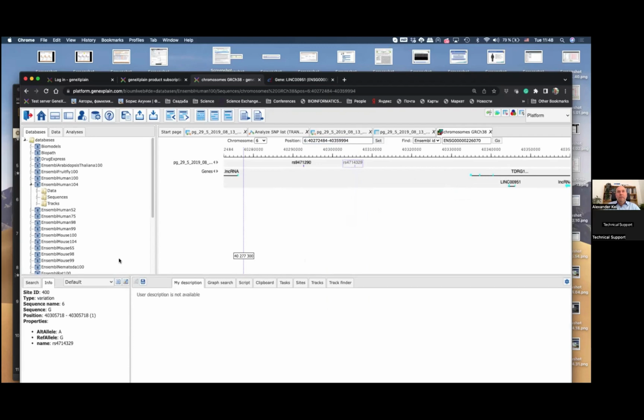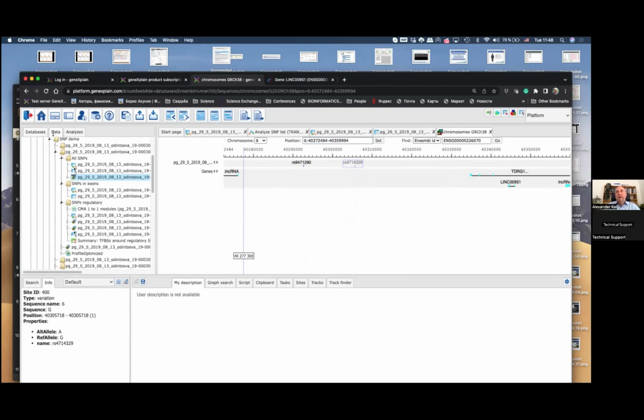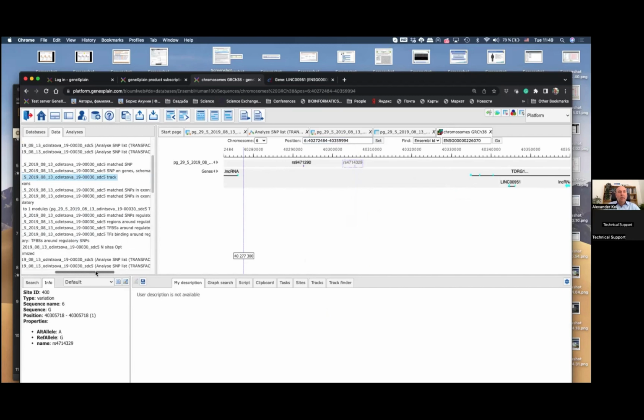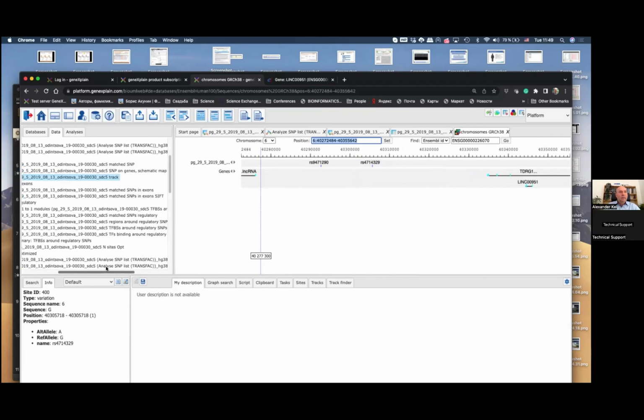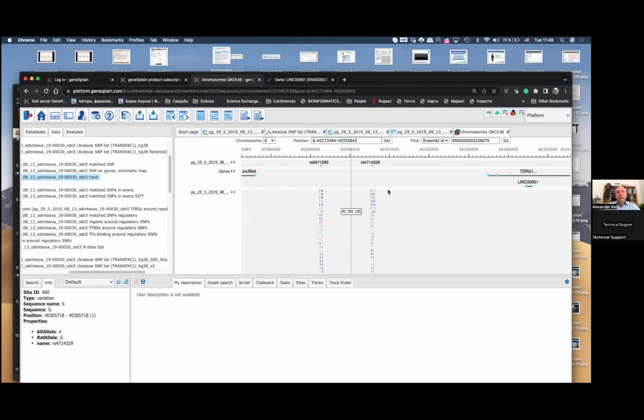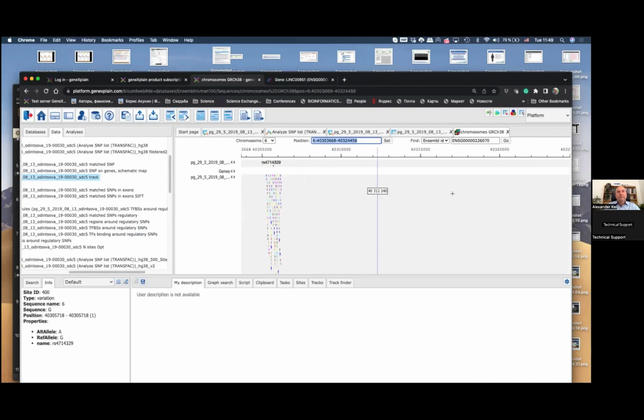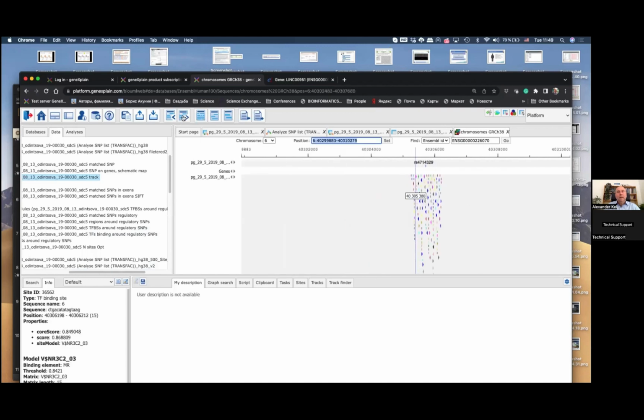And now we want to see which motifs are found around that SNP. It's very easy, the program has calculated it for us already. So it is here. This file is called TFBS around regulatory SNP. So we just drag and drop it here. You see we got these sites now. So we can zoom in a bit more to see those sites in a better way.